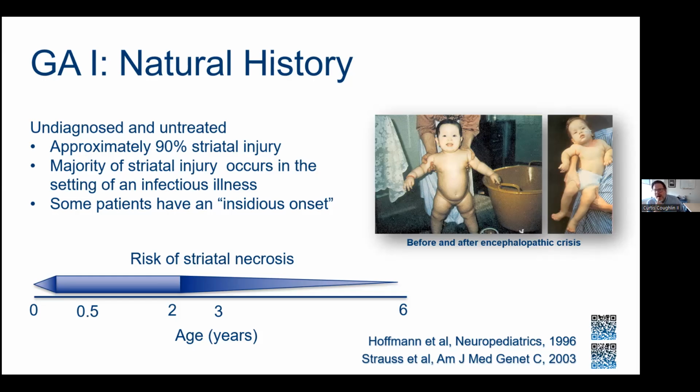It's really interesting to think about why those 10% of patients escape this injury, because it often occurs with some sort of minor infectious illness. I think most of us get really worried about patients when they have a fever, even a small fever, or any evidence of infection.